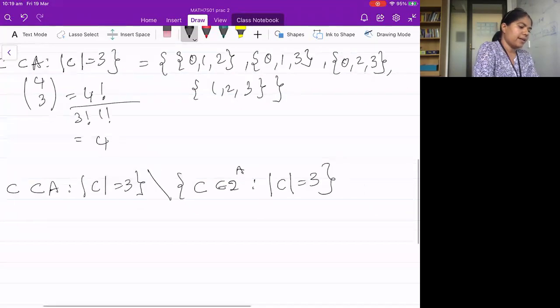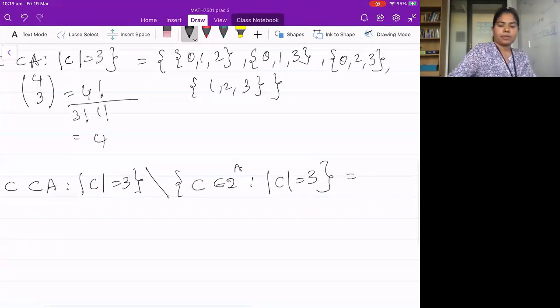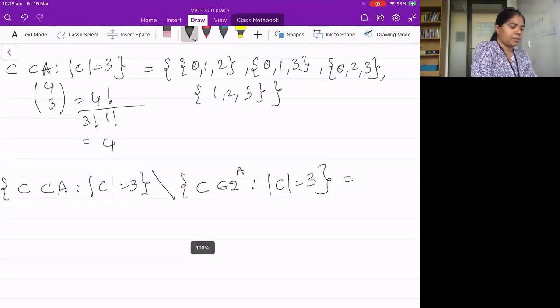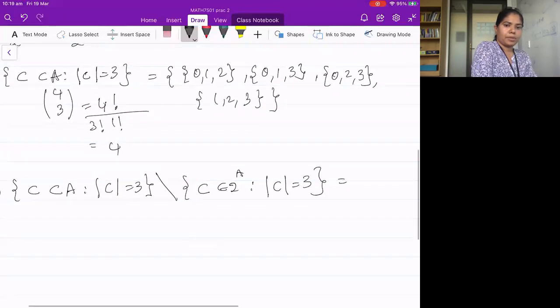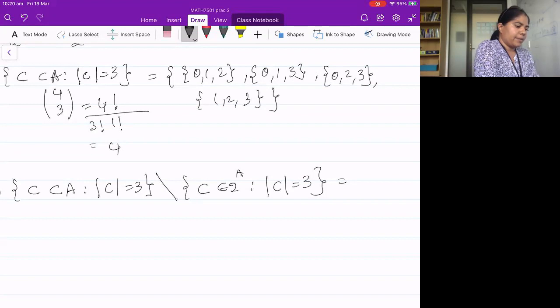Okay, what is the outcome? C is a subset of A such that the number of elements is 3, which is this, which I have written here. And then C is an element of the power set of A such that the number of elements is also 3, which is the empty set.